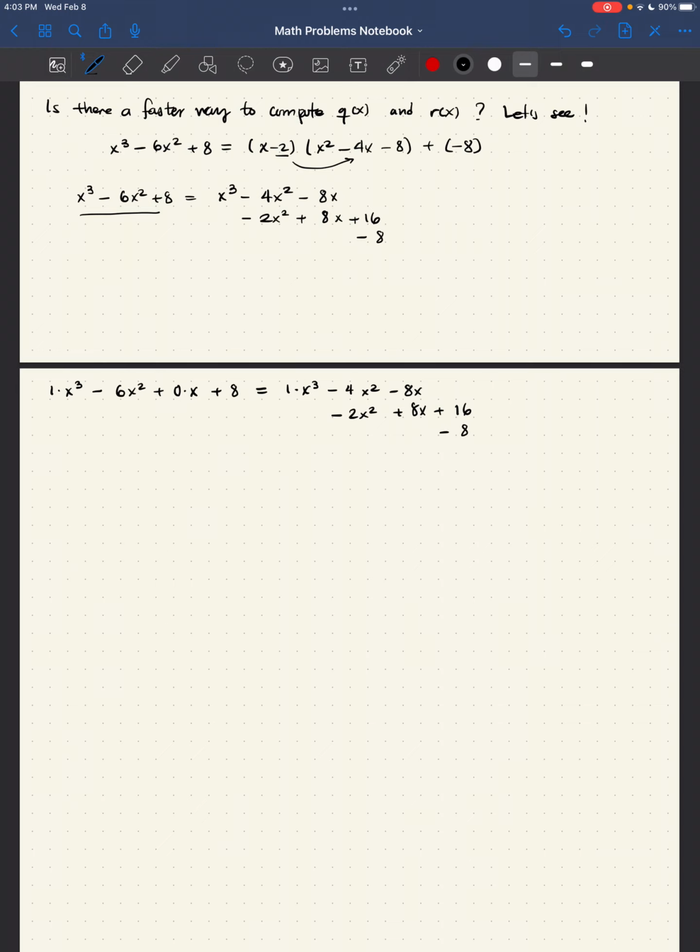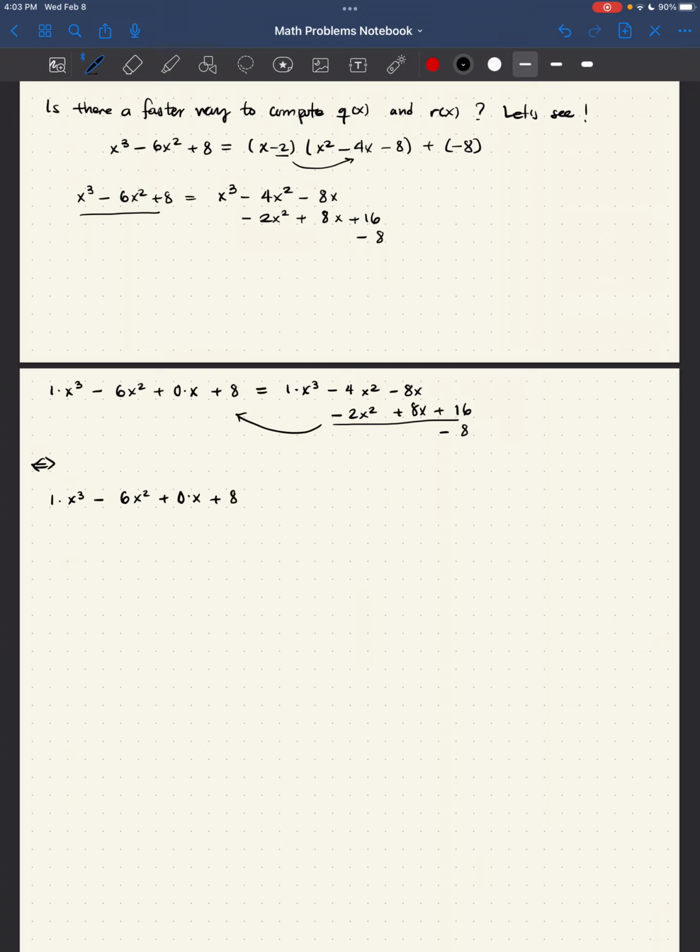Now look, this time I'm going to work with this equation and I'm going to transport all of this over to this side. I'm going to notice a few things in the process, but just bear with me a couple of seconds. We have 1 times x cubed minus 6 times x squared plus 0 times x plus 8.